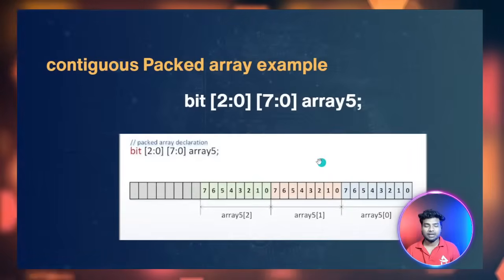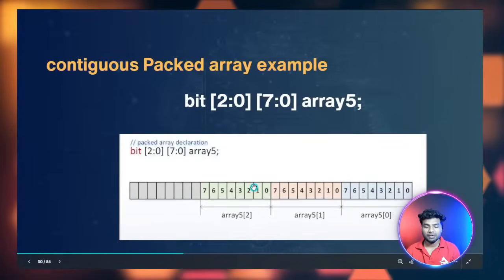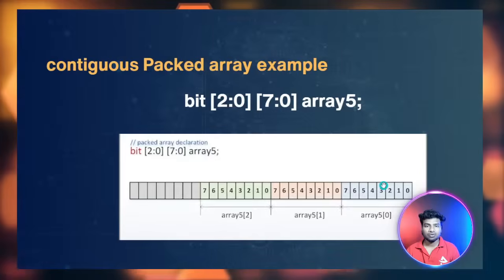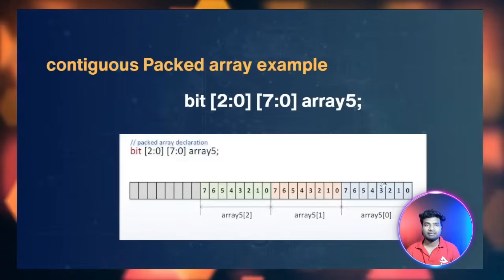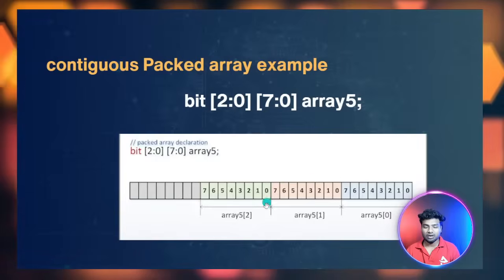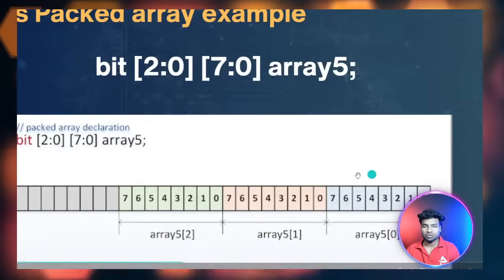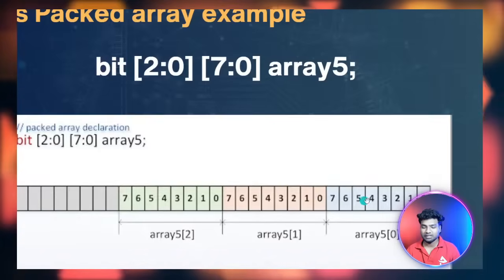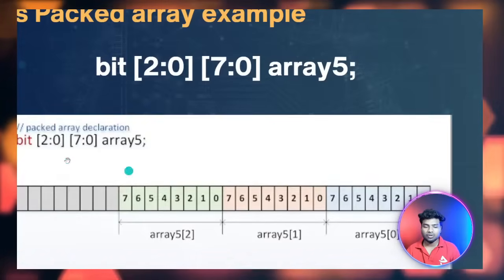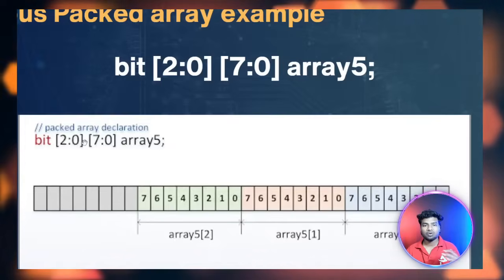But it will create the memory looking like this. It will create the rows very next to the previous array: array of 0, array of 1, array of 2. It creates each array very next to the previous array. This is my array 0. Because we have 3 rows, that means 3 memory locations.